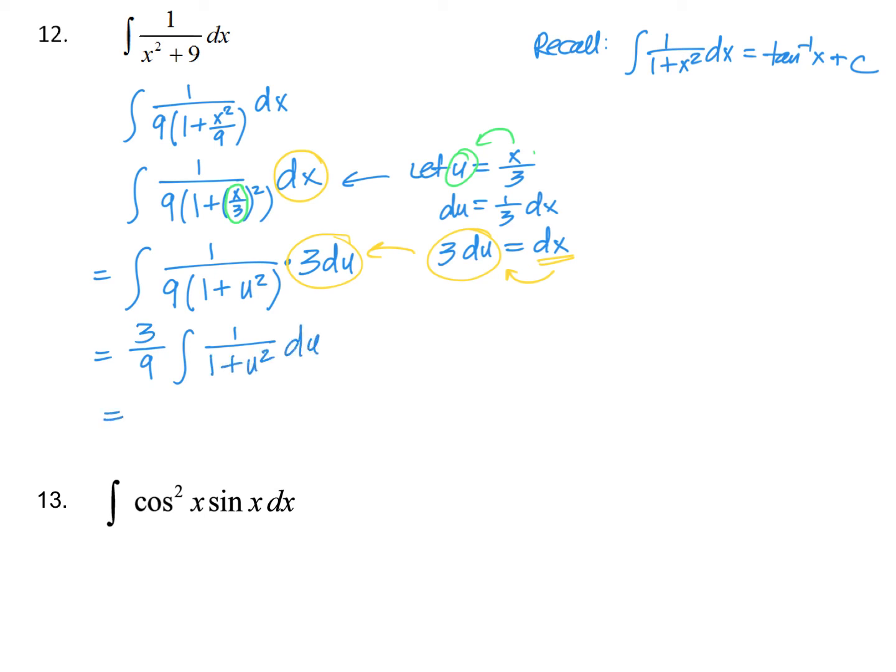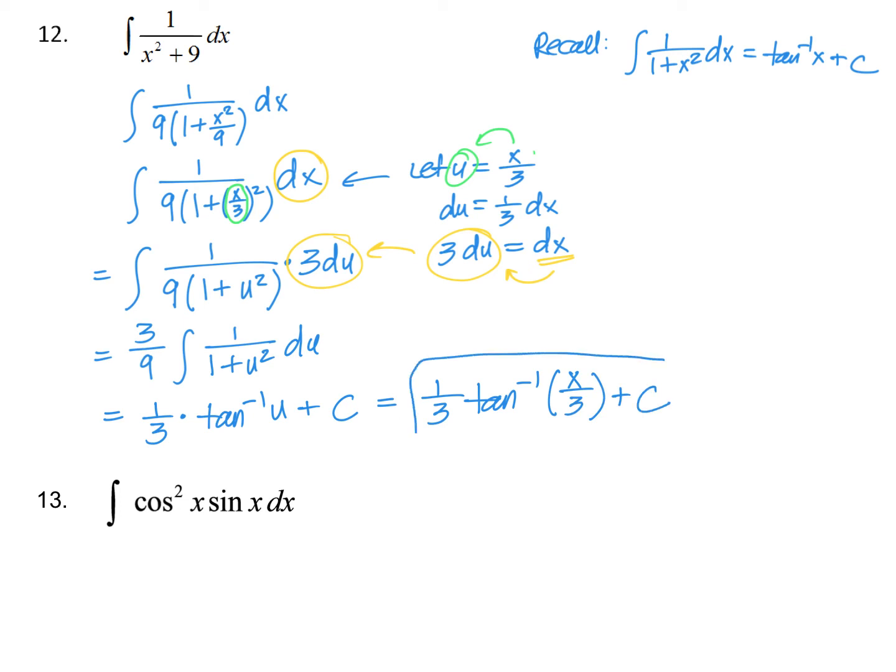This is nice because the 3/9 becomes 1/3, and the integral of 1 over 1 plus u squared is the inverse tan of u plus c. So now I will reverse substitute and replace u with x over 3. And so here is my answer. Okay, all right, number 13.